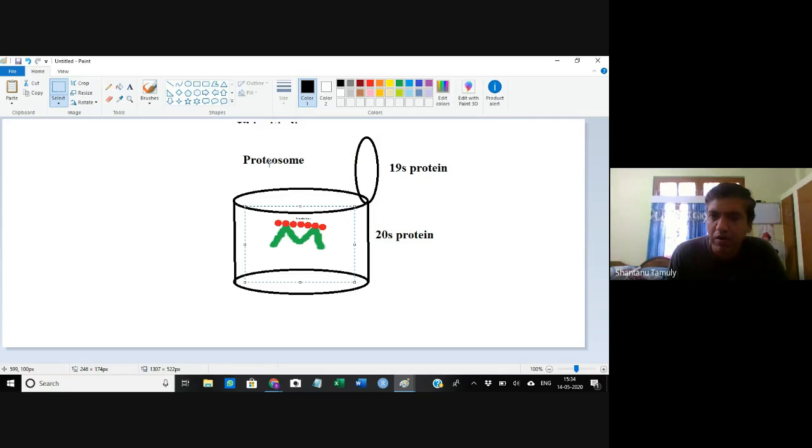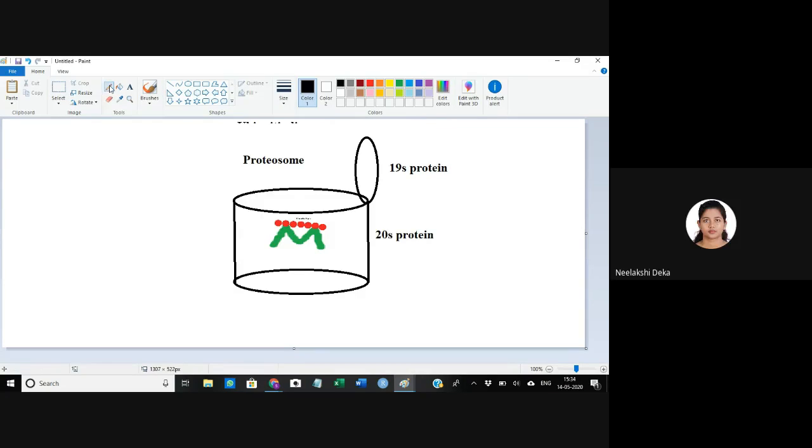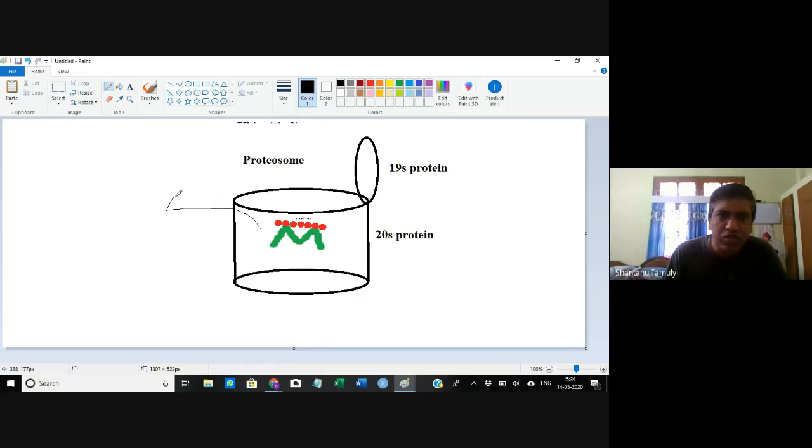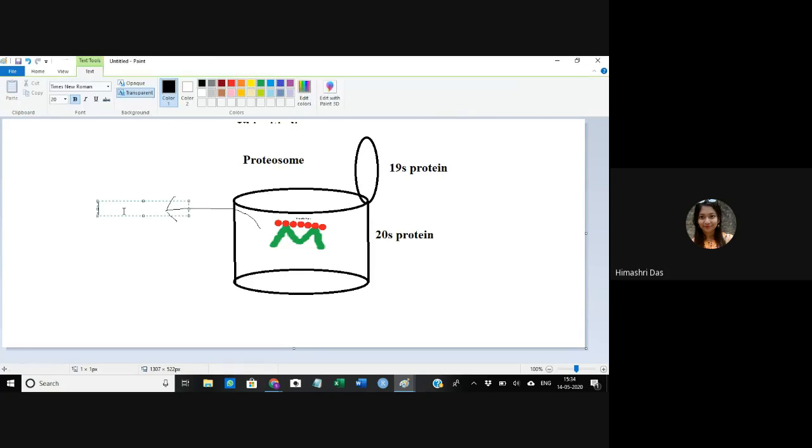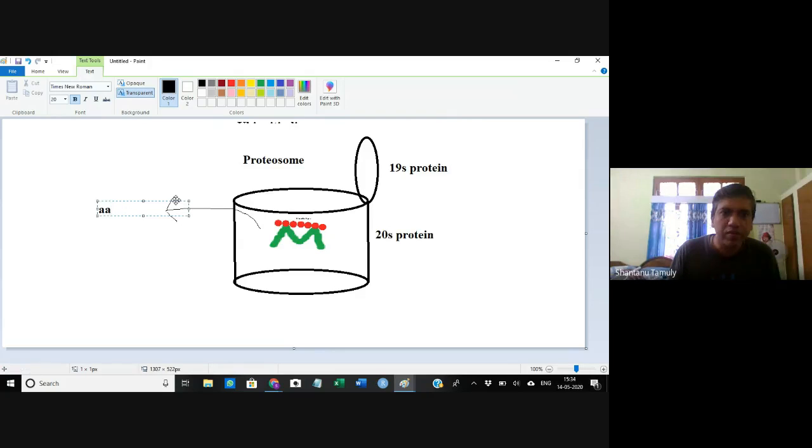Protease will break the protein into amino acids. After breakage of the protein, the respective amino acids will come out.